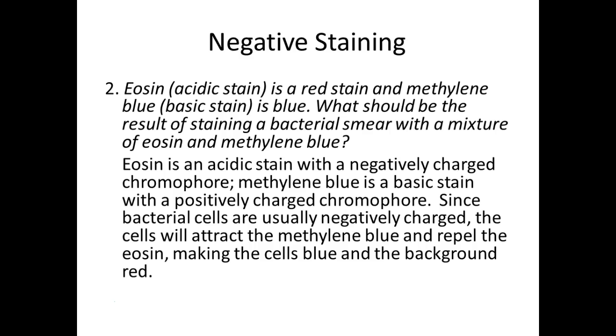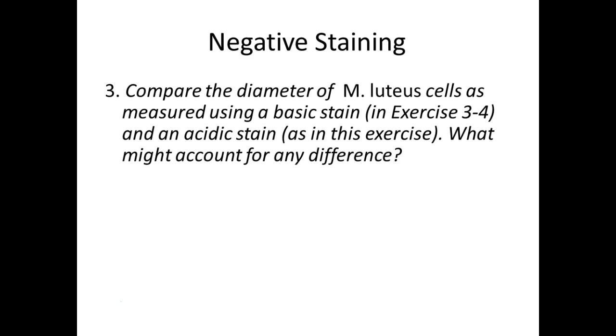I have to say I've never experimented with this, so I'm surprised I haven't yet. This is kind of a lead into the other staining procedure we're going to do next week, next lab period, where we're going to combine acidic and basic dyes so that we will do just that. We will stain the cell and the background, okay, for that particular dye procedure.